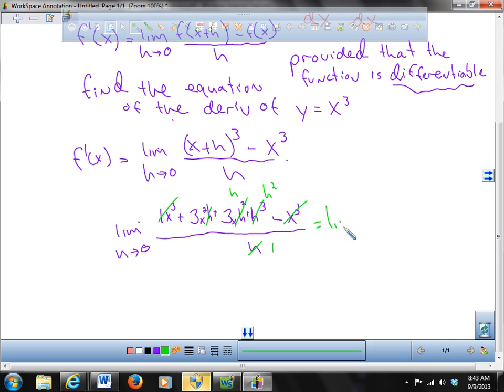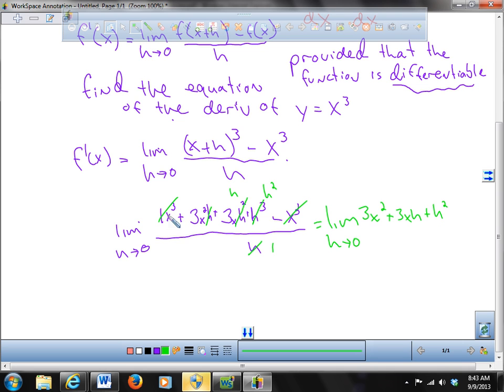So now I have the limit as h goes to 0 of 3x squared plus 3xh plus h squared. You guys have any questions on the algebra there?